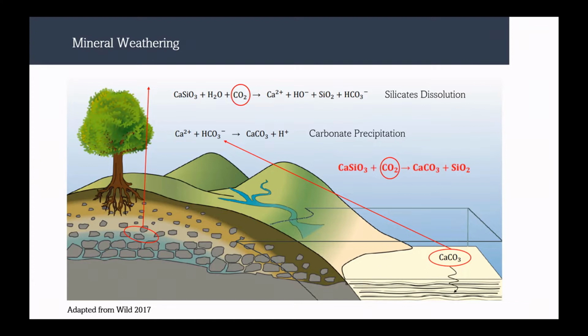And so this is a natural sink of atmospheric CO2. And this is also used in geoengineering techniques to capture CO2. So this is to give an idea of the possible implications that studying mineral weathering in general could have.